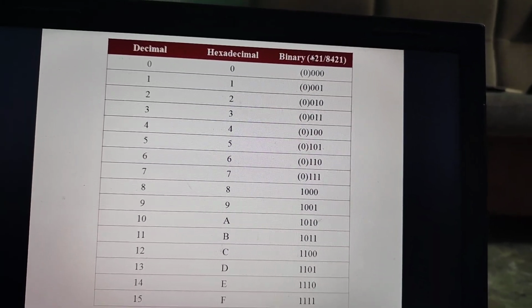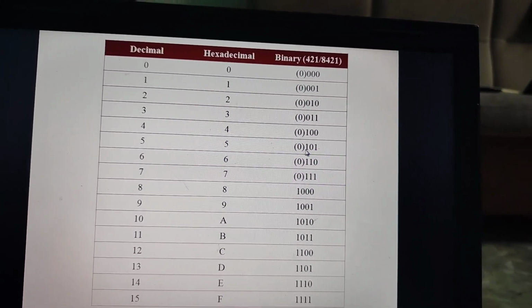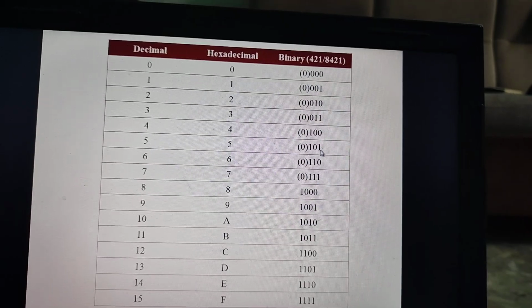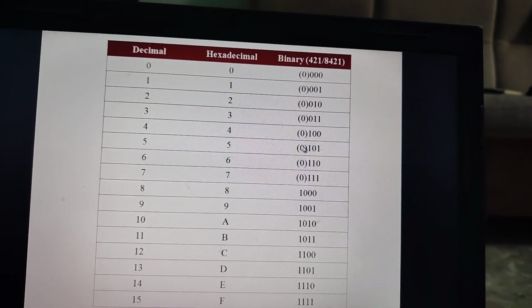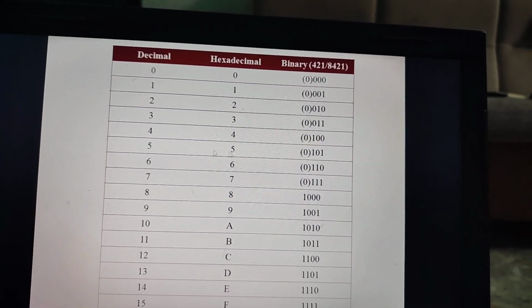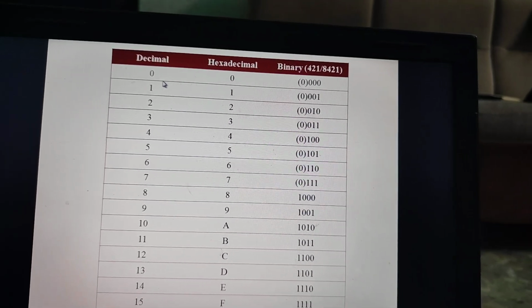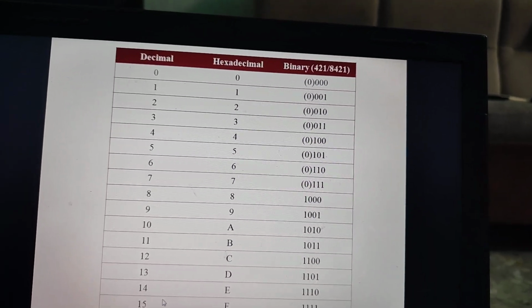So in this place, I put 1 and 1, and the remaining places are filled with 0. That's what we have done for the entire 0 to 15 values.